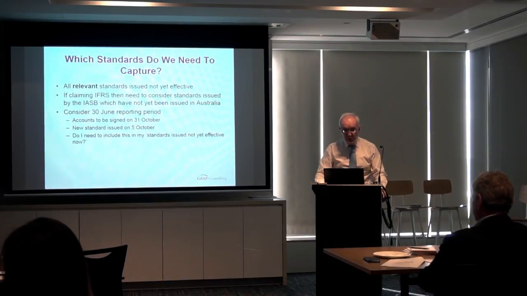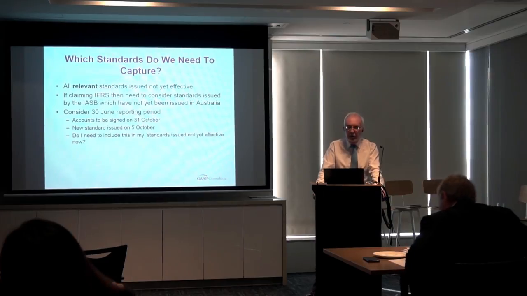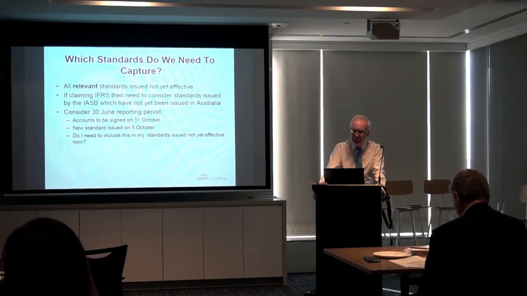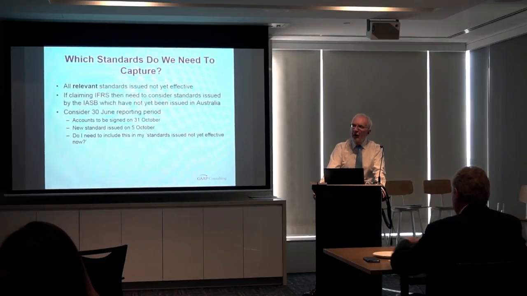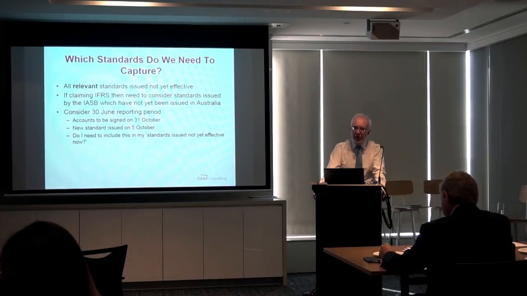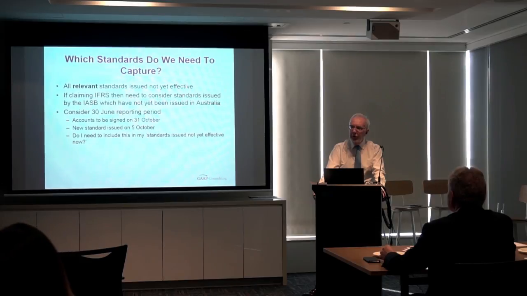So, what do we need? In the relevant standards, getting back to the point that I made earlier that I wanted to reinforce, it is very important to look at those standards not just as at the 30th of June, but any new accounting standard or interpretation that is issued between June and the time that you sign off financially.